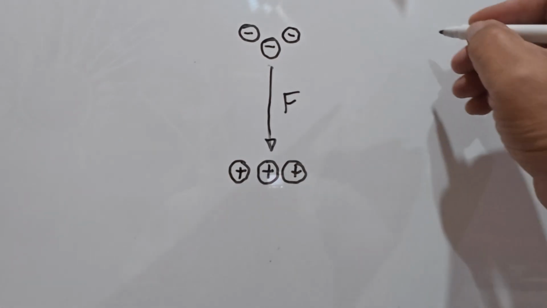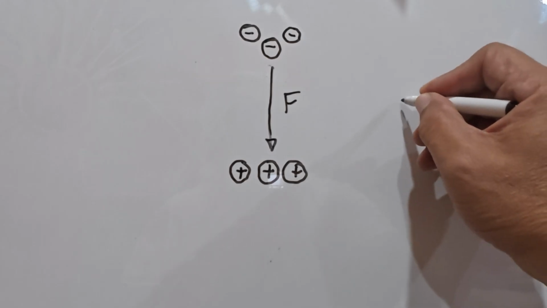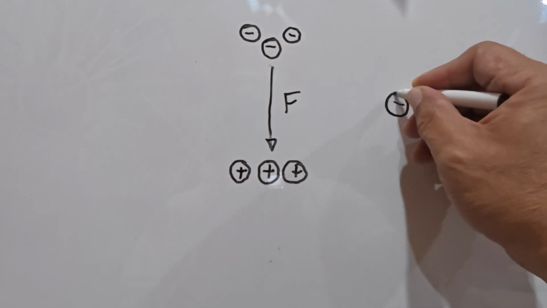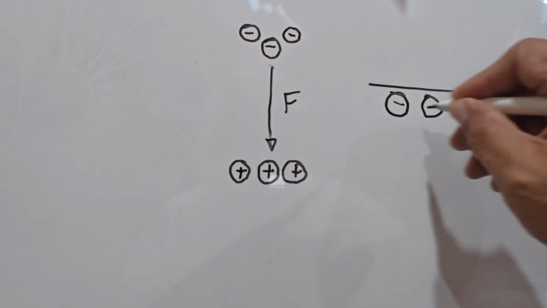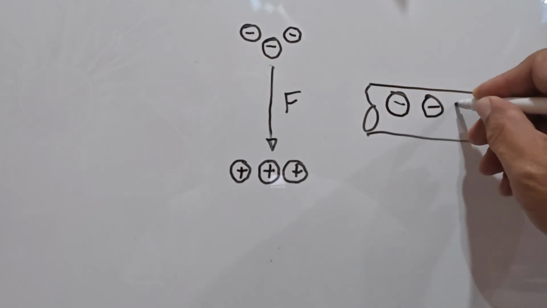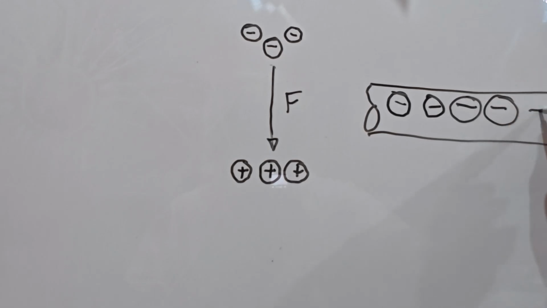When we consider wires in electricity, we have these charges that are free electrons in a wire. And there's a lot of them, because there's a lot of electrons in matter.